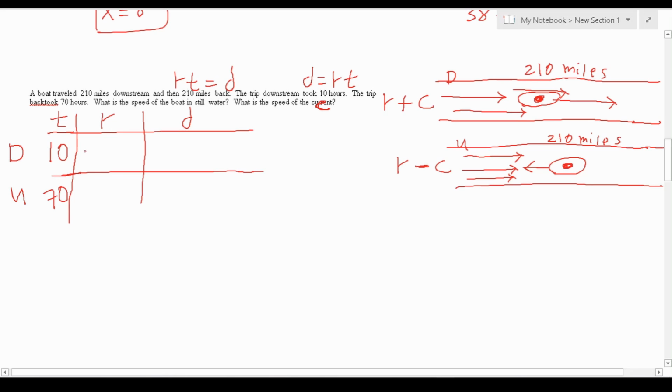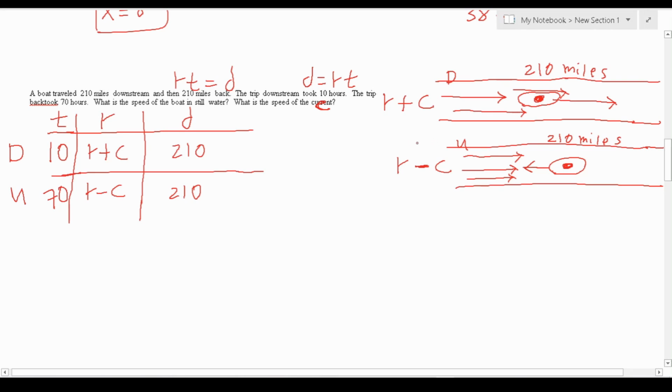So the rate for downstream is r plus c. And similarly, we know the rate of speed insofar as it relates to upstream. That's r minus c. And we're also given the distance. Both distances are 210. As I mentioned over here, you go downstream 210 miles, and then you go the same 210 miles upstream.